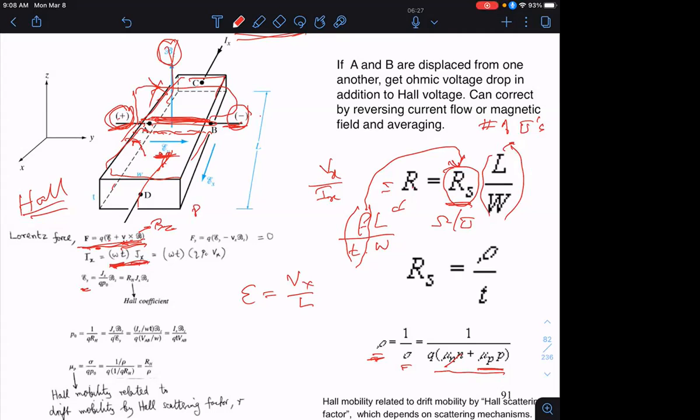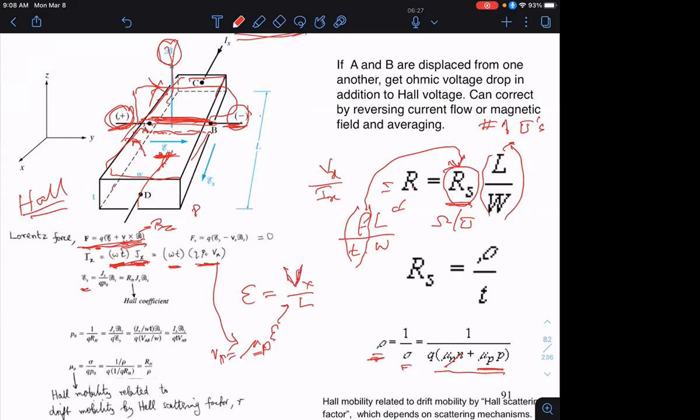Jx, the current density, has units of amps per centimeter squared, okay? It can be written as the cross-sectional area W times T, and the current density due to drift current we saw in the last class is given by the drift velocity Vx, which for low electric fields is given by mobility, in this case the hole mobility, times E, where E is given by the voltage applied Vx. So this is the voltage.